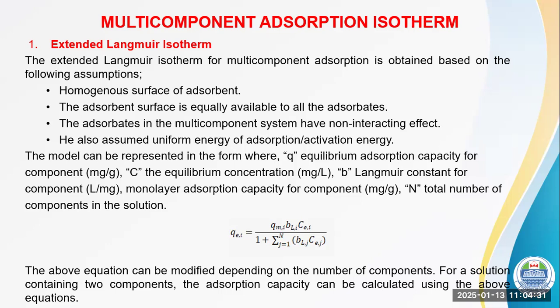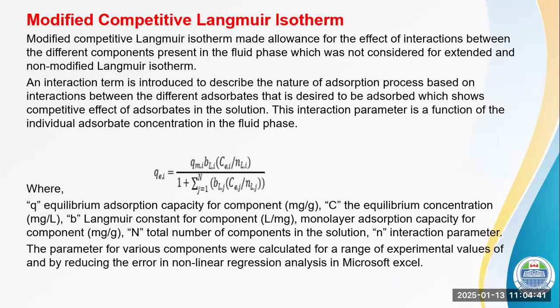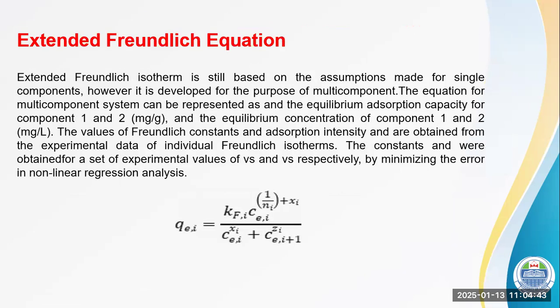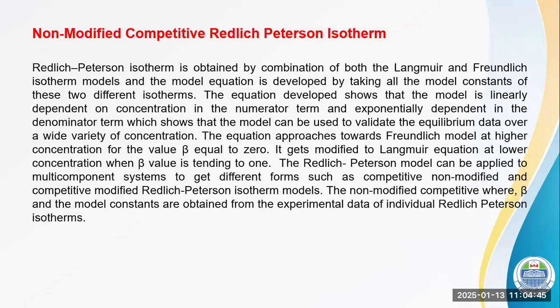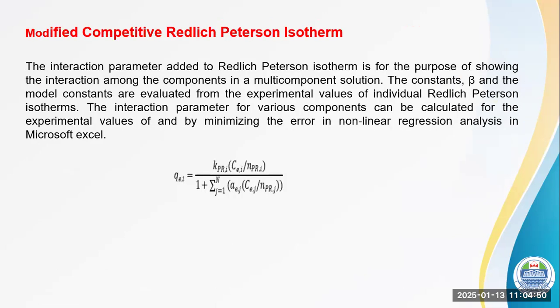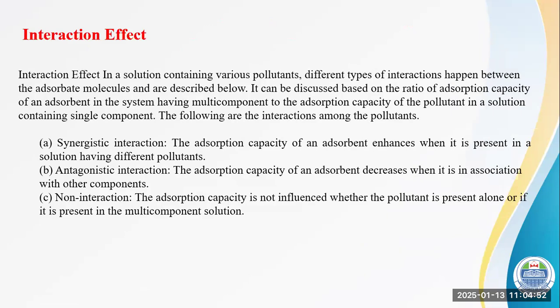I hope you understand that. What I'm trying to say is be able to differentiate between the adsorption of Langmuir for single component and multi-component adsorption. The Freundlich equation as well, and the Redlich-Peterson isotherm. You can read up all these.